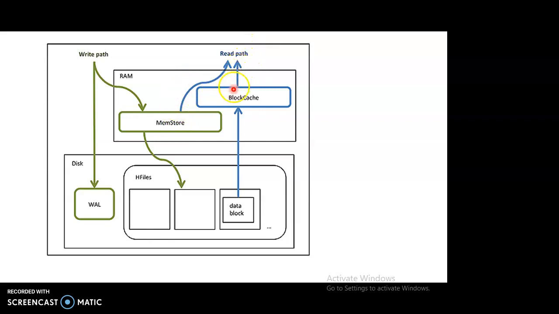And if it is not present in these temporary storages, then system control will go to permanent storage, that is HFile, and from this location data will go to this temporary read memory, that is the block cache, and from this block cache data will go to the client side.